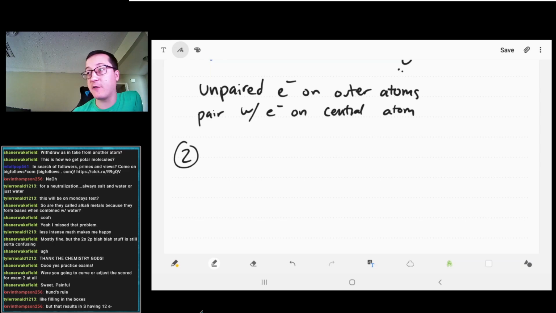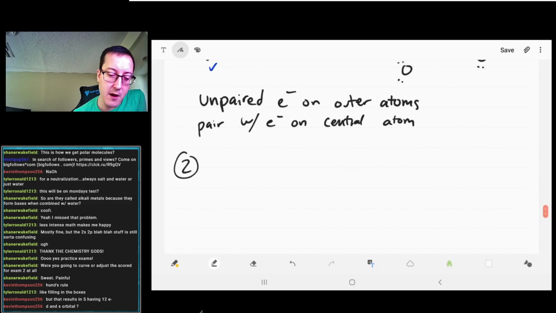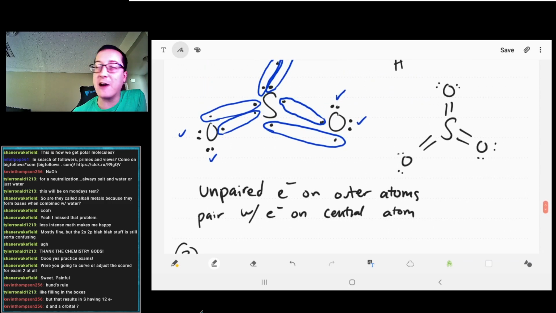We will probably not have time for it today, but I will explain why we can have sulfur with 12 electrons later. It has an empty d orbital, so it can just plop electrons up into there. But oxygen wants to be, or outer atoms are always going to be more happy than the central atom. So we're going to see that's the case later.